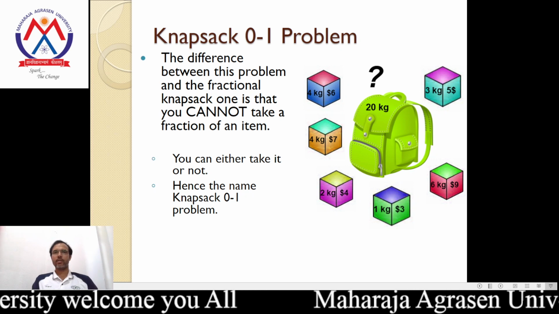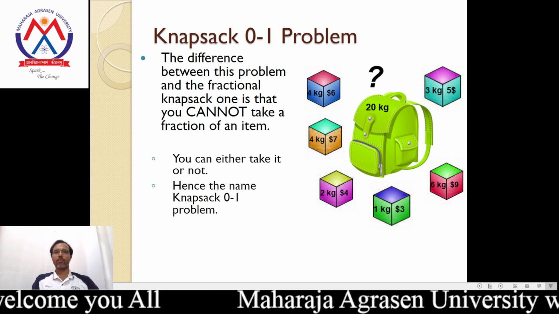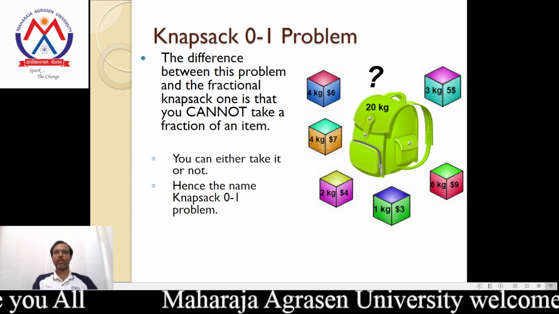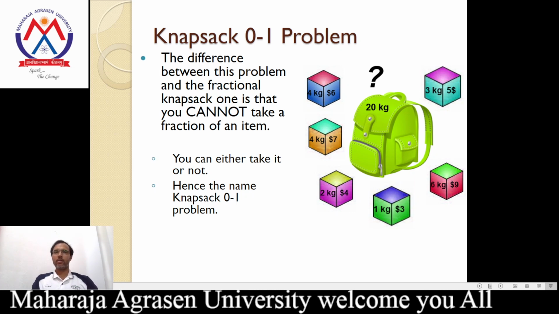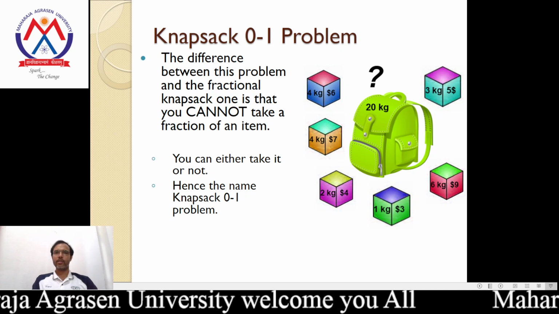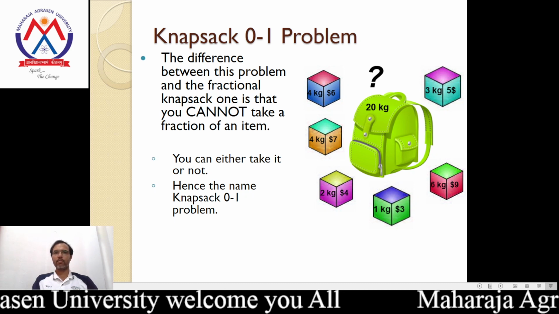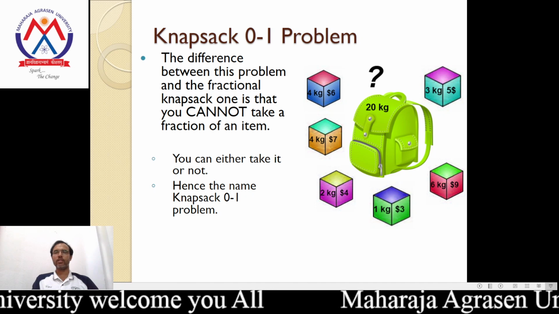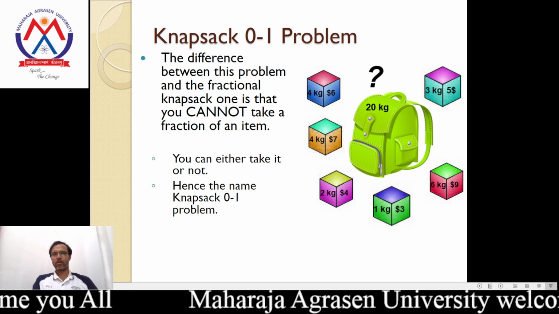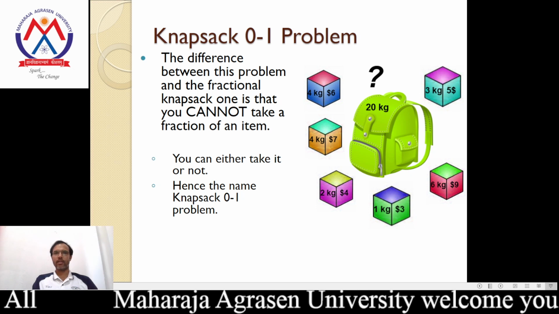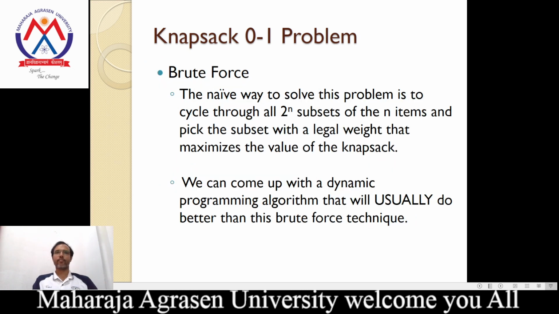In the fractional case we can select 1, or 1 by 2, or 1 by 3, fractional parts can be considered. But here you only consider the value 0 or 1, either not selected or selected. That is how the name is defined.